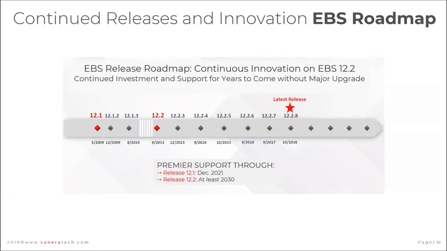In August 2019, 12.2.9 was released, and you also have that in place. This is about the continuous investment that Oracle is making in Oracle EBS, apart from SaaS and other products. So we just want to outline that, if you're thinking in those terms, you don't have to worry about moving to cloud where your current version is right now.